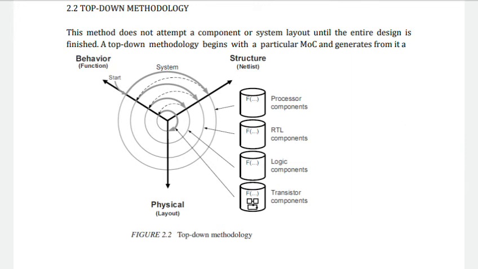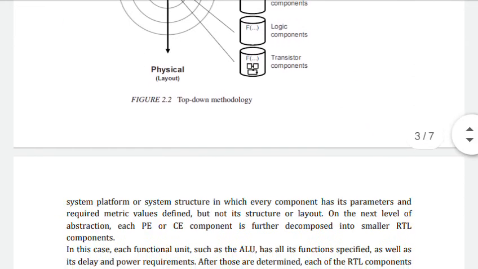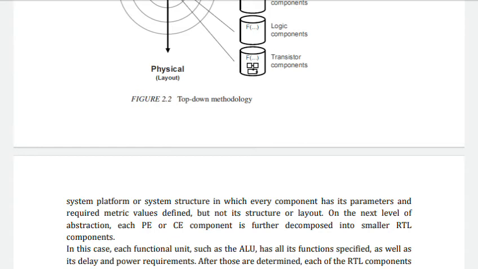So after finishing the entire steps only, it will generate a component. Okay, so in the previous one we were making each component one by one, but here we are able to make everything in a single attempt. Okay, so with the generation of the system platform or system structure, every component has its parameters and required metric values, that is some standards of parameters.